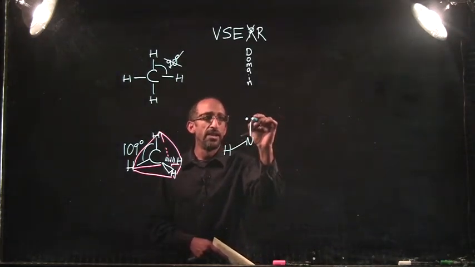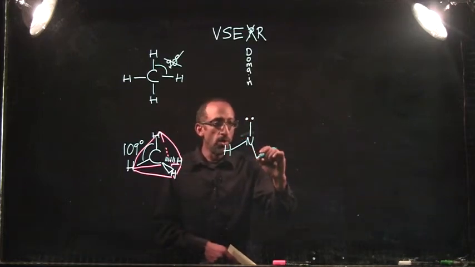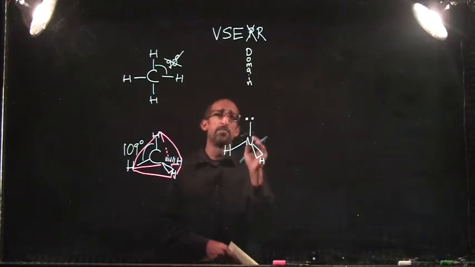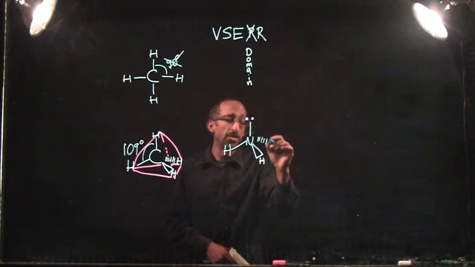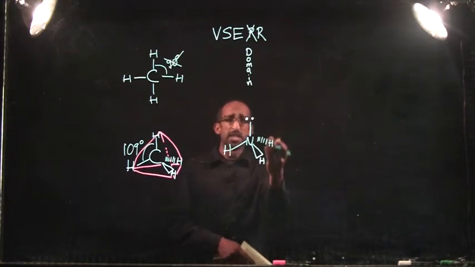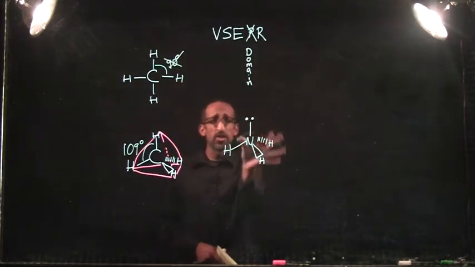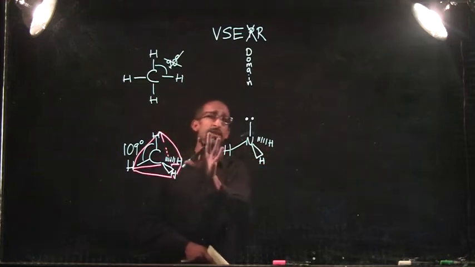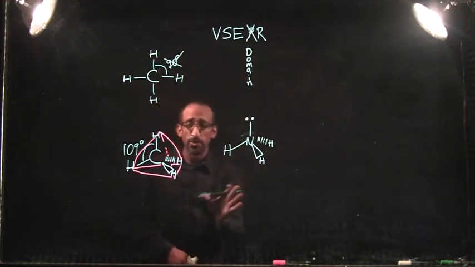So here's that lone pair. And then finally we would have our 2nd hydrogen atom sticking out of the board towards you, and our 3rd hydrogen atom sticking behind the board towards me. Again, this forms a tetrahedron, but there's an interesting difference in how we describe the geometry of these 2 very similar yet different molecules.